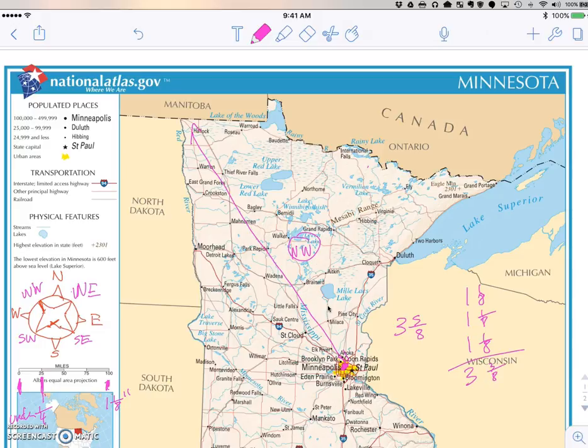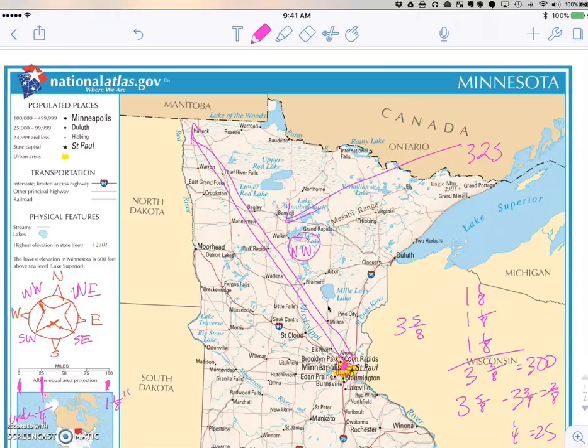So we know that most of the way there is 300 miles. That leaves us 3 5/8 minus the 3 3/8. It gives us 2/8 left. So about a quarter of an inch, which a quarter of an inch here is 25. So we can see that it's about 325 miles from here to here as the bird flies.